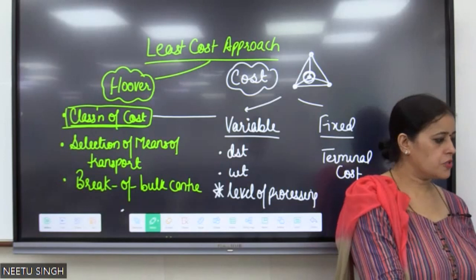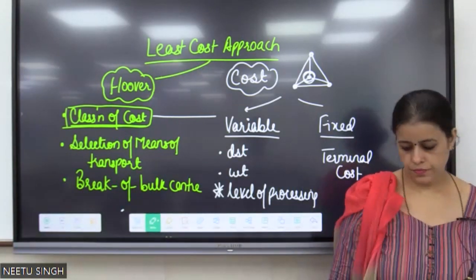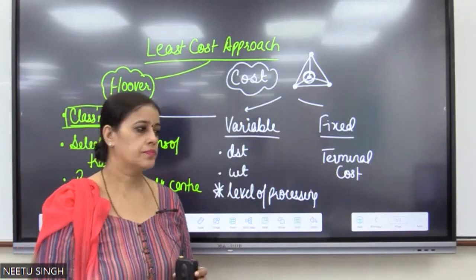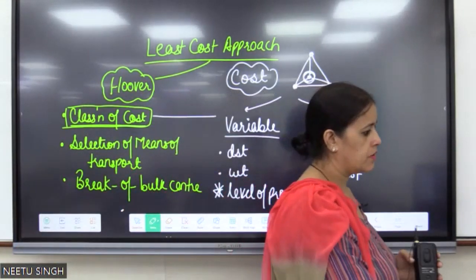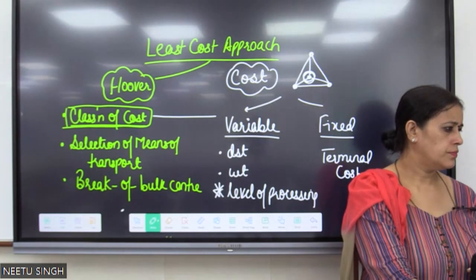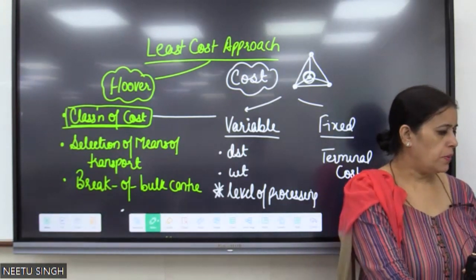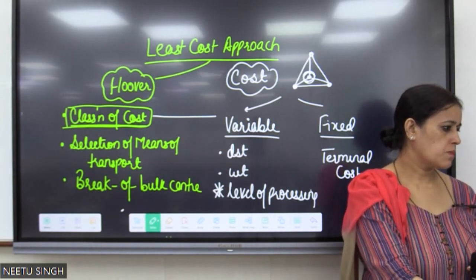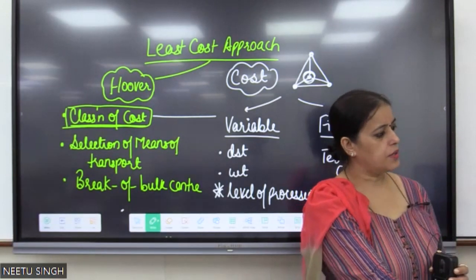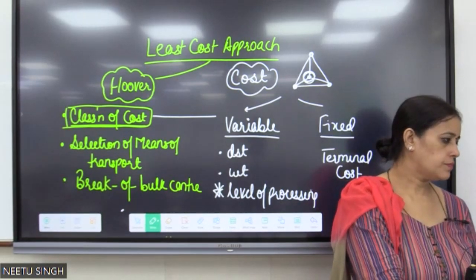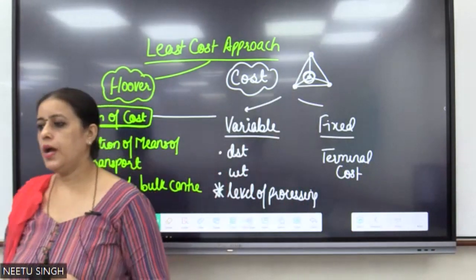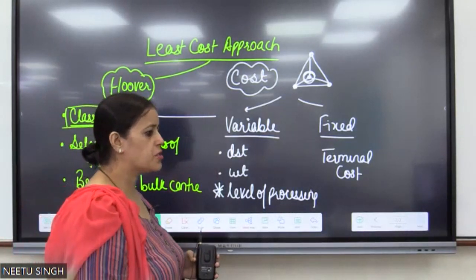The variable cost, underline it, like Weber, was defined to be increasing with increase in the distance traveled and weight of the commodity displaced.